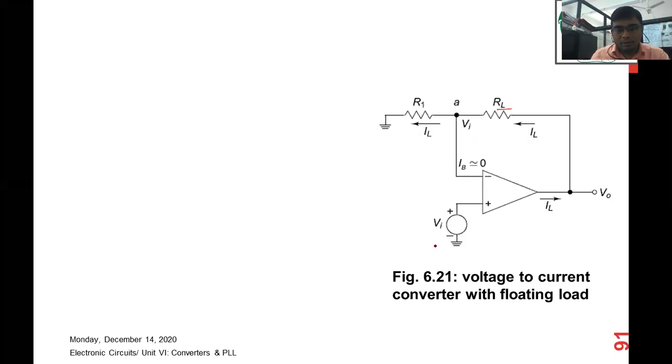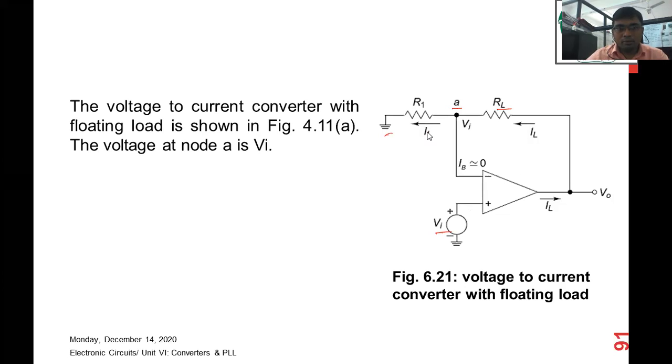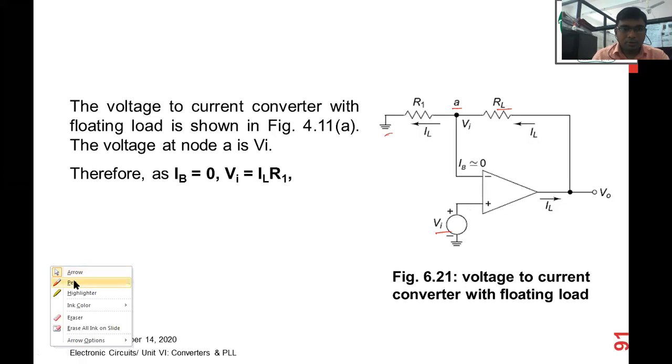If you see, the input voltage is applied to the non-inverting terminal. And at the inverting terminal, there is one more resistance R1 connected between node A and ground. So this is the floating load voltage to current converter, and the voltage at node A is Vi.